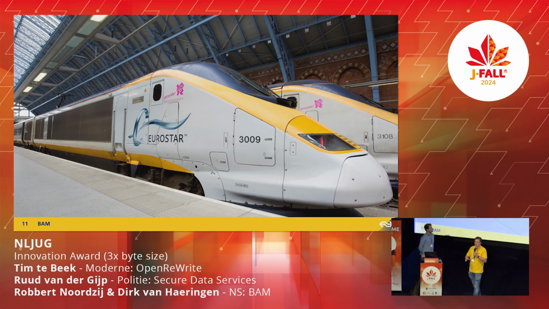And in February this year, we started with NS International, with the Eurostar, which is actually a separate part of the company that is running our international trains to London, Berlin, and Switzerland, for example. And in February, we just took all the trains from BAM that are being used for these international services, and we started using them in BAM. That was the first big step. We were really proud of that.